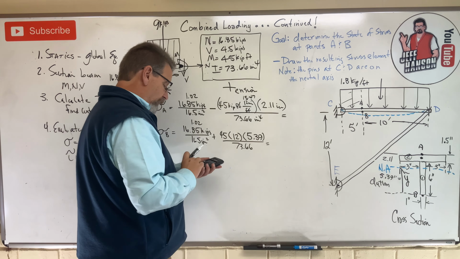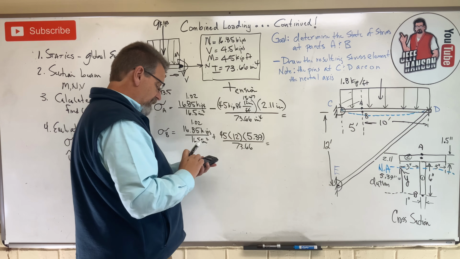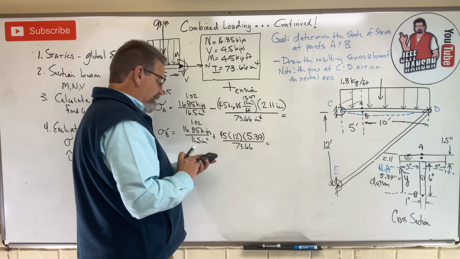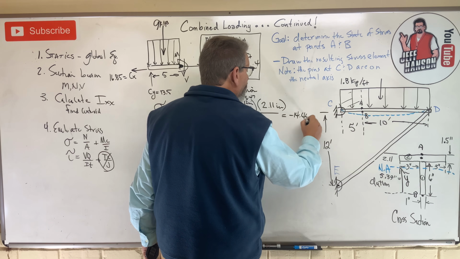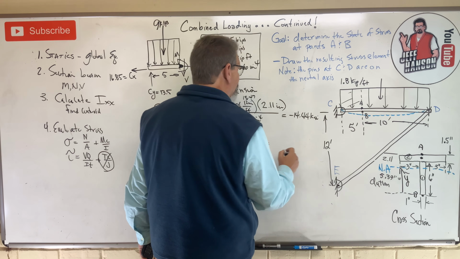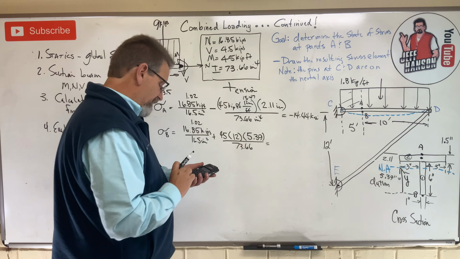Okay, so 1.02 minus, second, answer. That top one is minus 14.44 KSI.